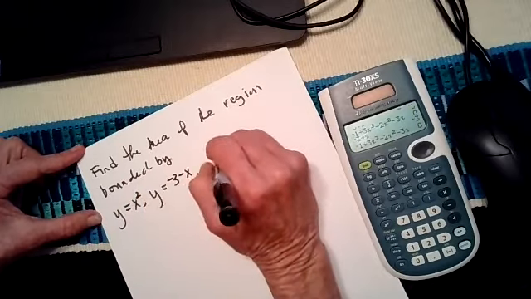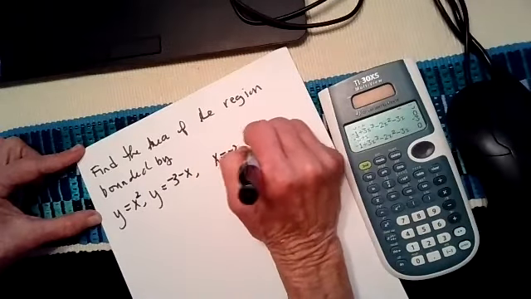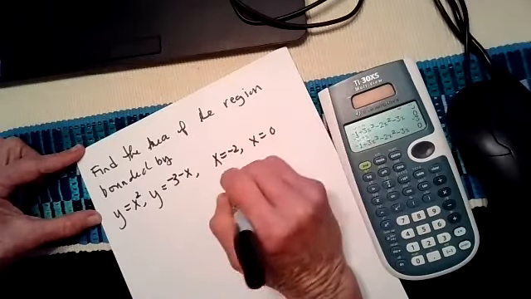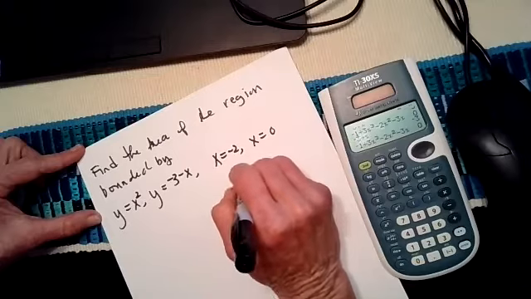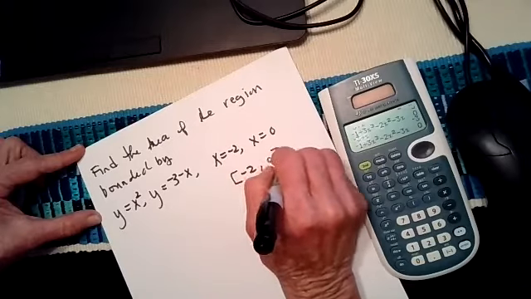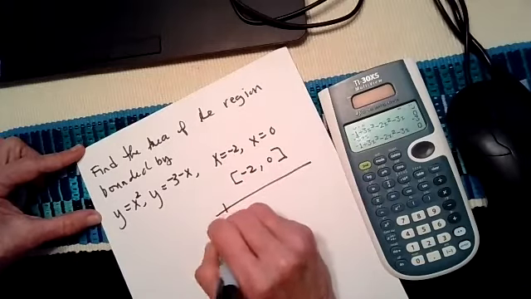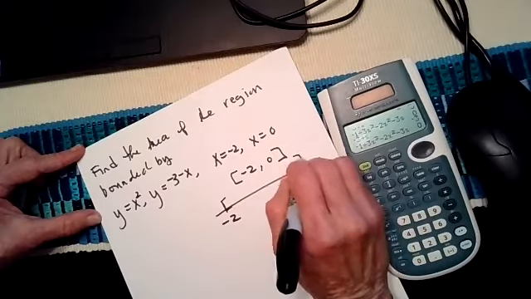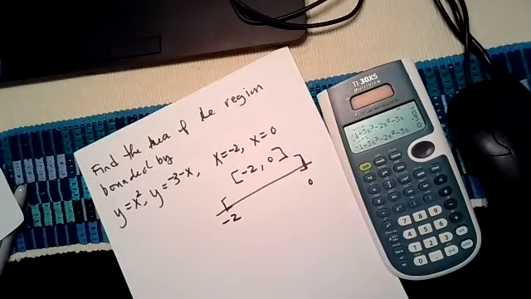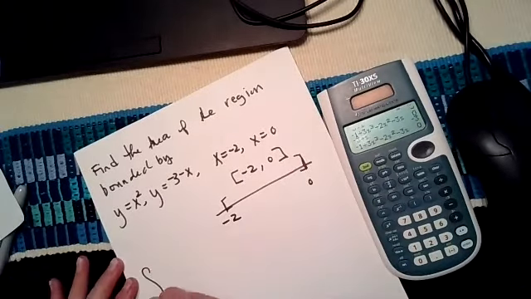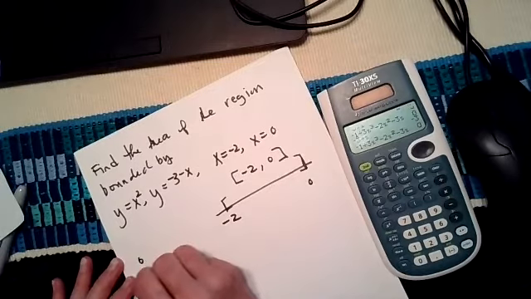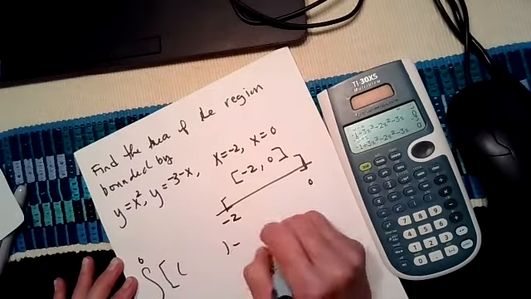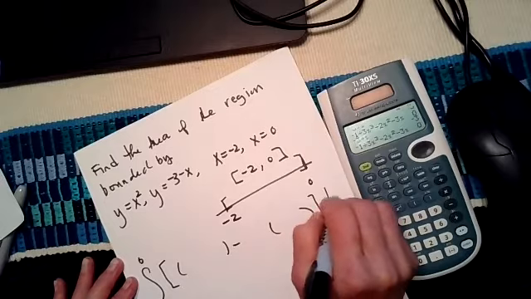Thank goodness, x is equal to negative 2 and x is equal to 0. So yay, that's the interval from negative 2 to 0. Okay, so that's what that looks like. And so all we have to figure out is the top function minus the bottom function.